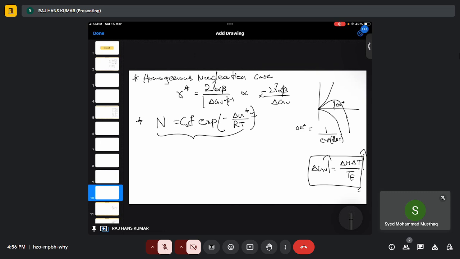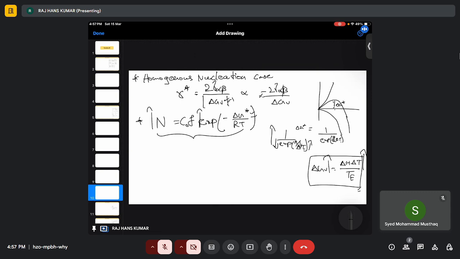That means if I want to increase the number of nucleation sites, then this term should also increase. When will it increase? It will increase if this term decreases, and this term will decrease if it has an equation like this, right? So if I increase the undercooling, this term will decrease, then this whole term will increase, and the number of nucleation sites will increase.